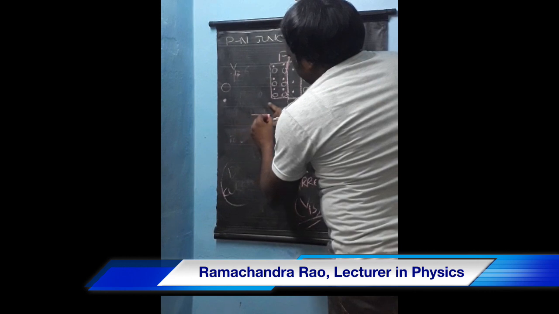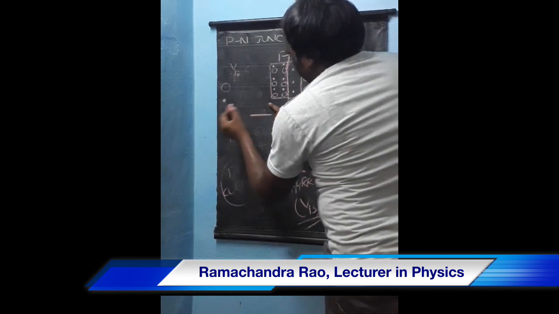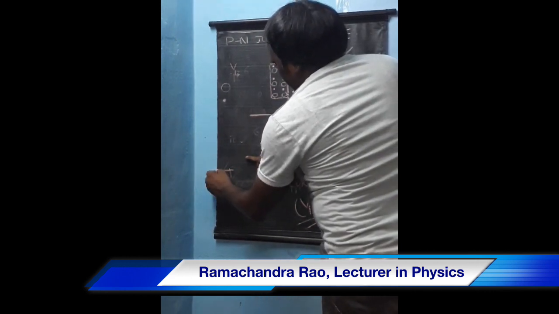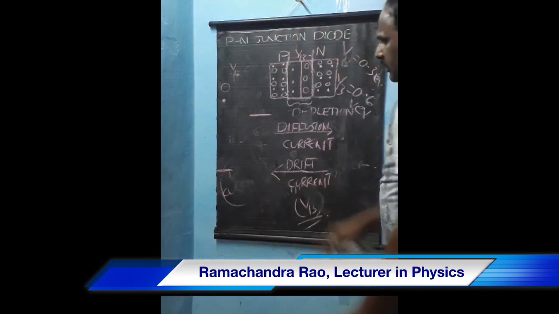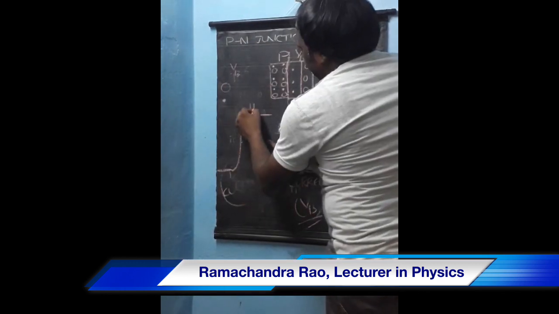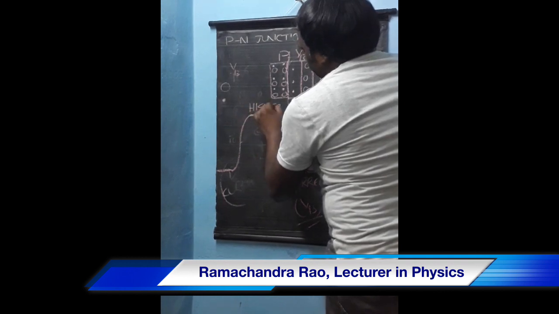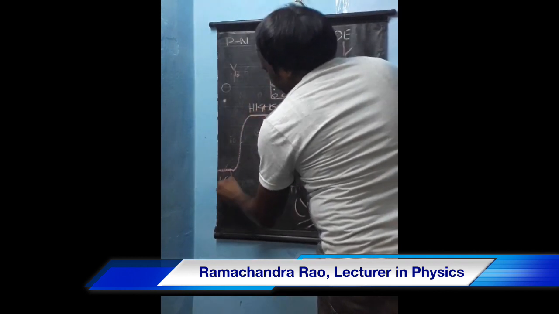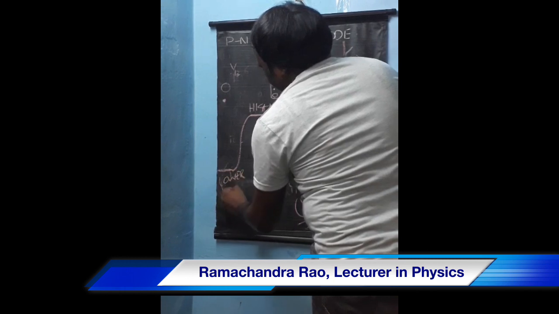See, potential barrier, this is higher potential, this is lower potential. By applying an electric field, this is higher potential, this is lower potential.